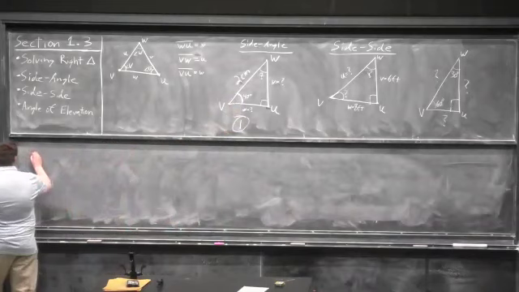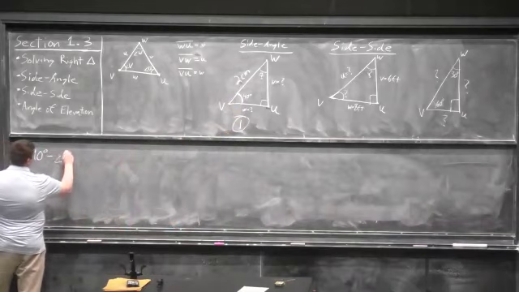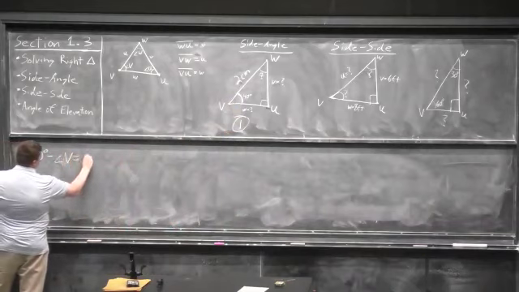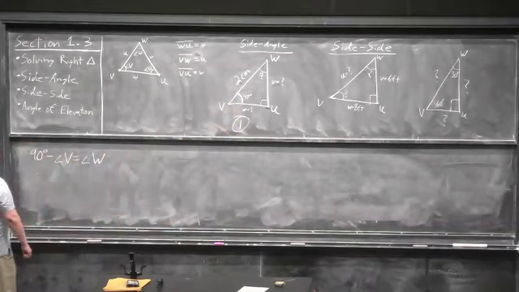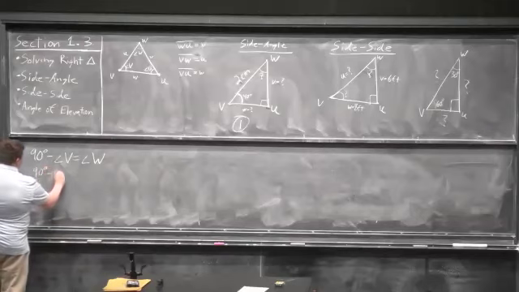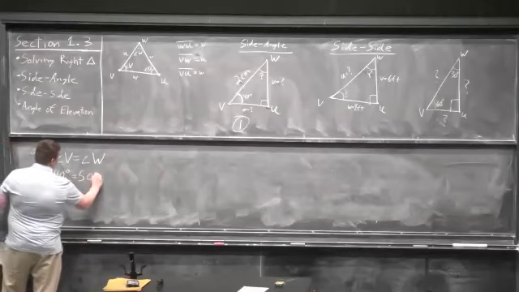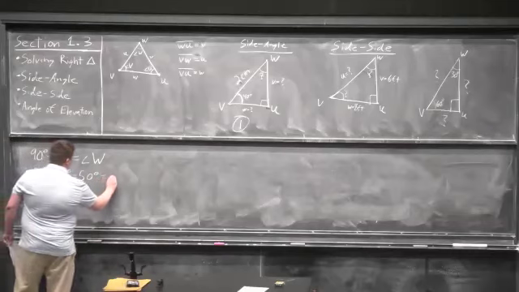So we have 90 degrees minus angle V will equal angle W. So 90 degrees minus 40 degrees is equal to 50 degrees. And we found angle W. That's one of our mystery variables.